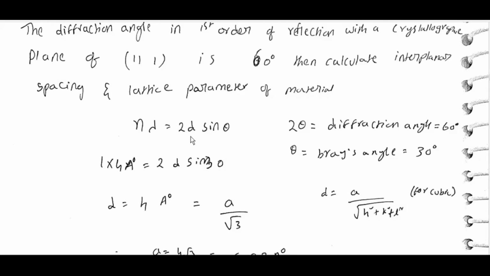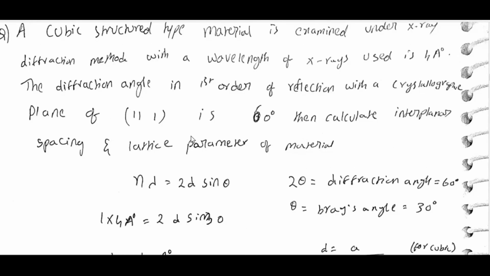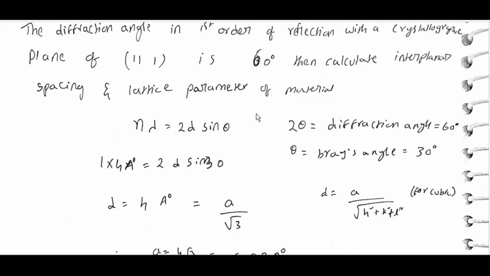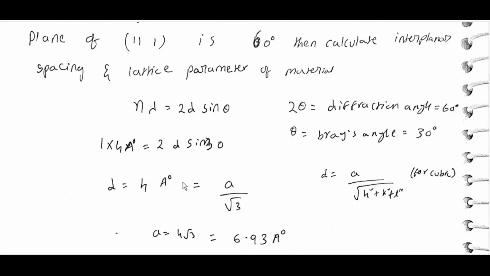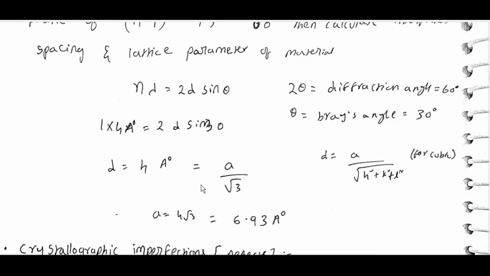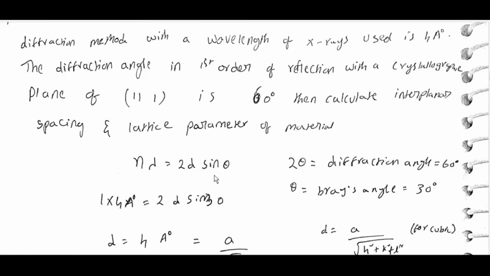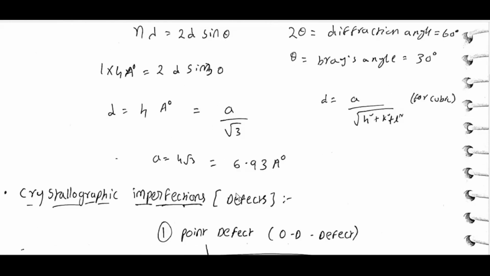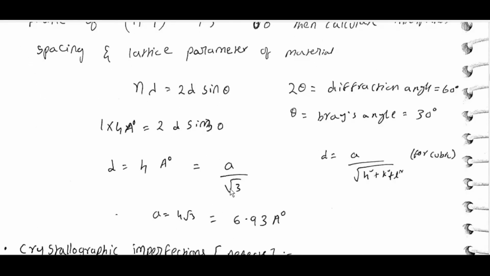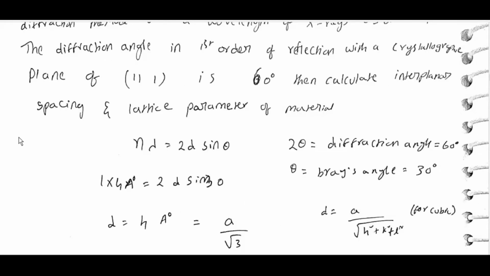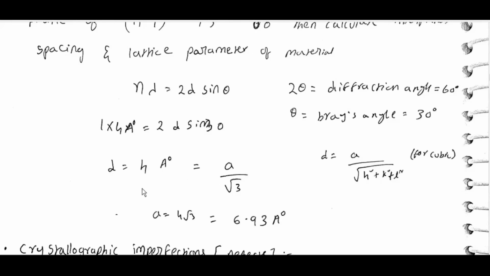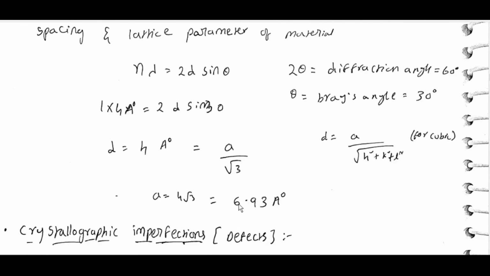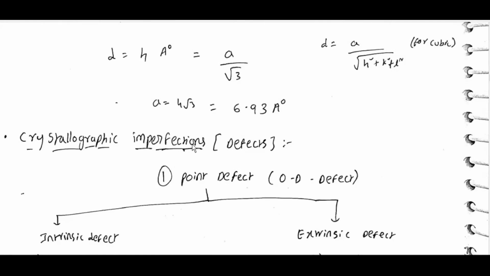And lambda is equal to 2d sin theta. Lambda is given as 4 angstroms. So d is equal to 4 angstroms, which is equal to a by root 3. d is equal to a by root of h square plus k square plus l square for cubic. So a is equal to 4 root 3, which is equal to 6.93 angstroms. In terms of planar spacing, d is given, and we got lattice parameter a also.